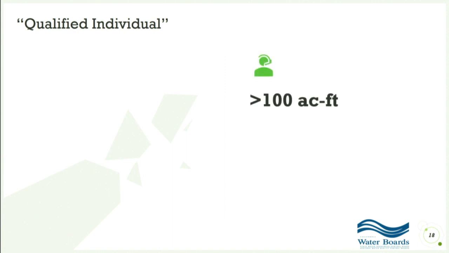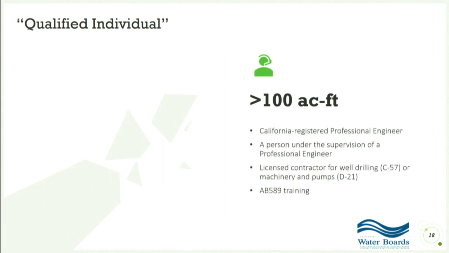So for diversions greater than 100 acre-feet a year, a qualified individual is a California registered professional engineer or a person under the supervision of a professional engineer. It can also be a licensed contractor for well drilling or for machinery and pumps. And it could be somebody who received training pursuant to Assembly Bill 589.